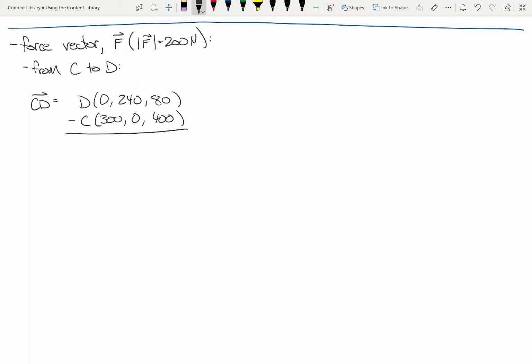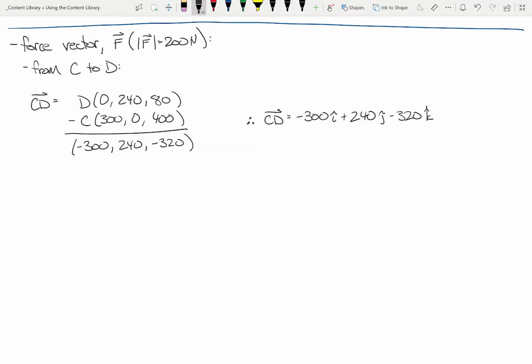And what do we get when we do this? We get negative 300, 240, what, negative 320? Fair statement? So therefore, CD is negative 300I plus 240J minus 320K.